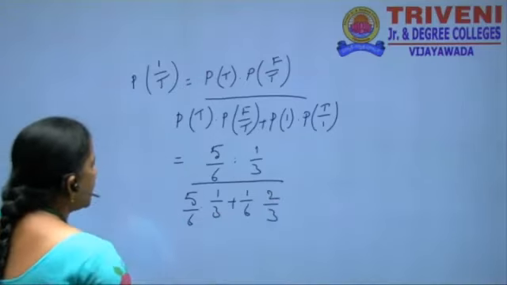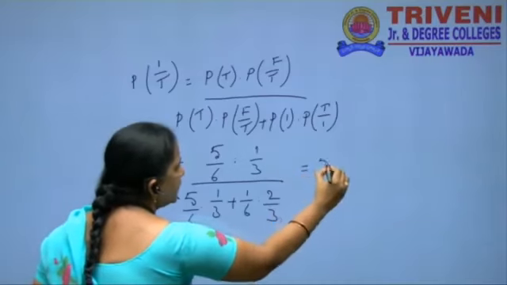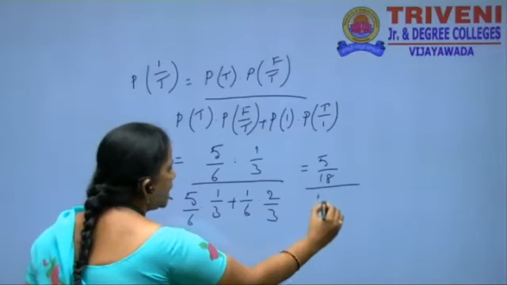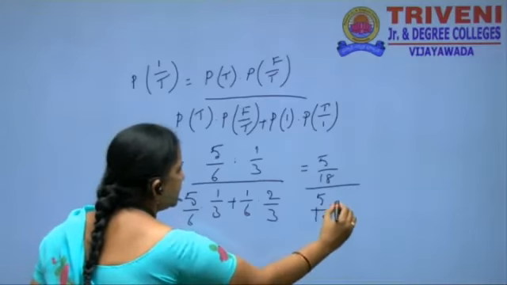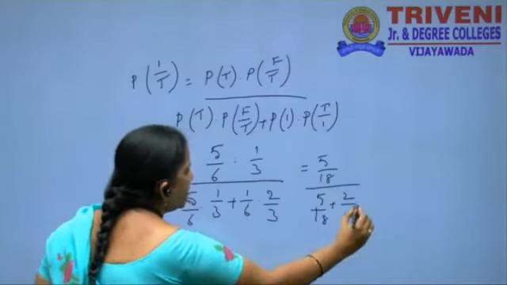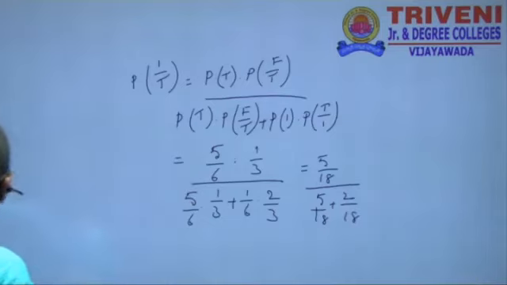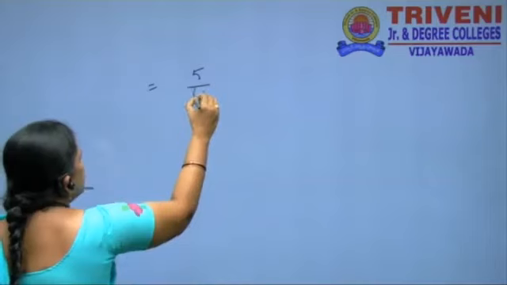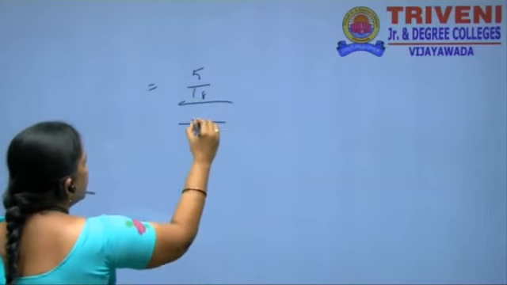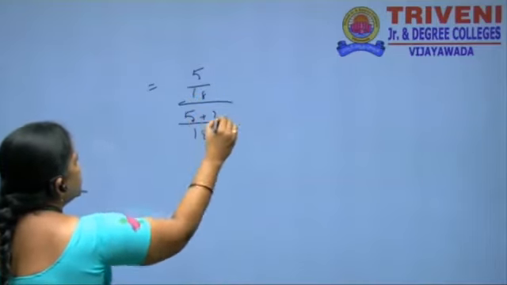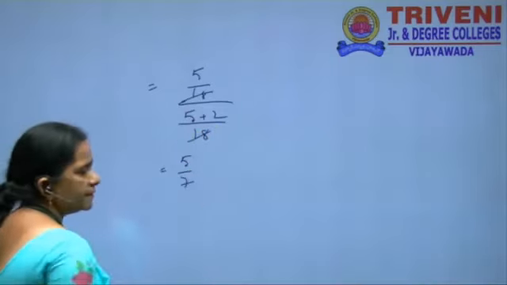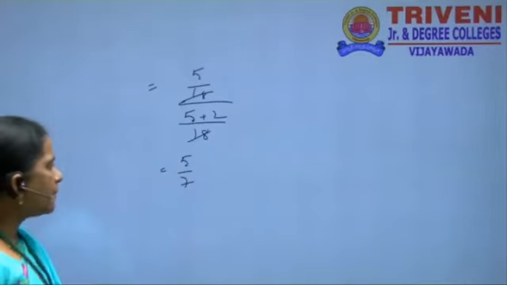Here 5 into 1 is 5, 6 threes are 18. So 5 by 18 plus 2 by 18. Here the denominators are the same, so we add the two numerators. 18 gets cancelled, and we get 5 by 7. Therefore the total probability is 5 by 7.